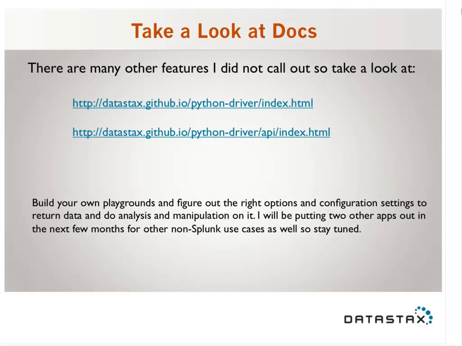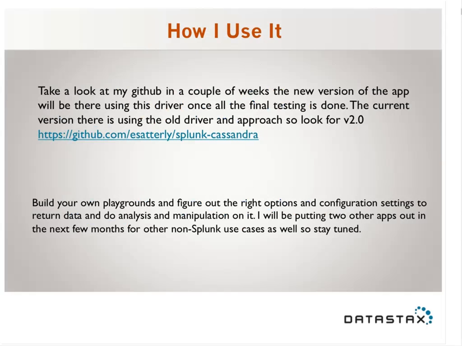use multiprocessing. So how I use it, my GitHub site's on here, the Cassandra app. Unfortunately, it's still the .8 version, which relies on the old drivers, which will show you exactly what you don't want to have to do anymore. The .2 version will be, it's imminent. I am waiting on a couple of test results from a customer.